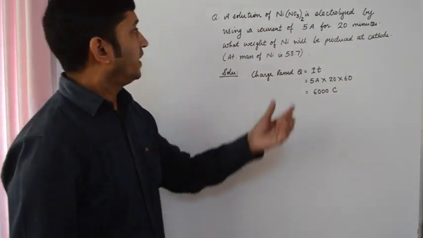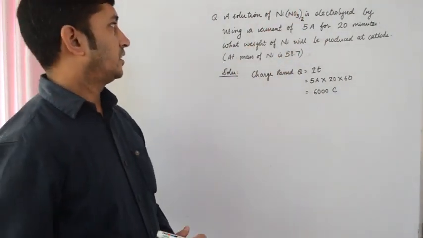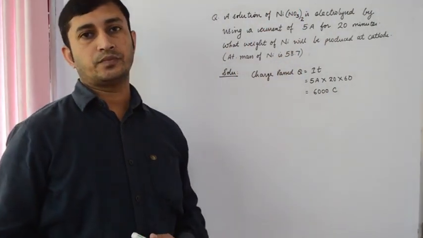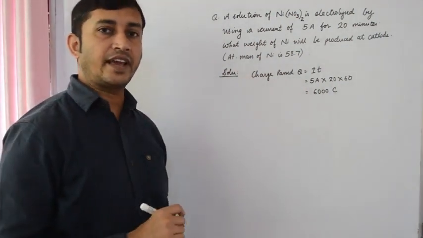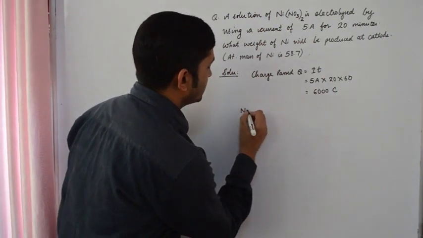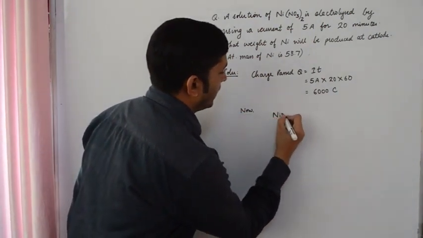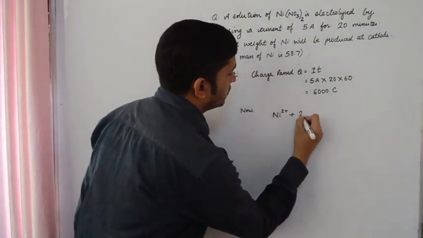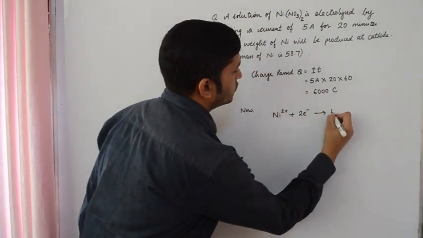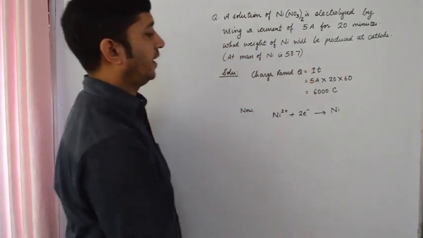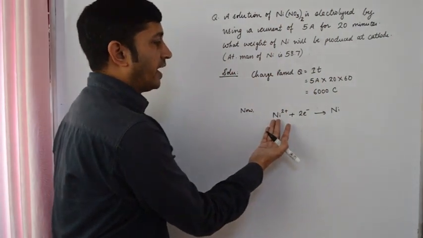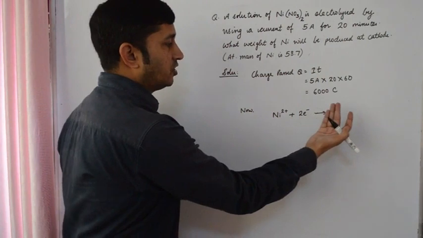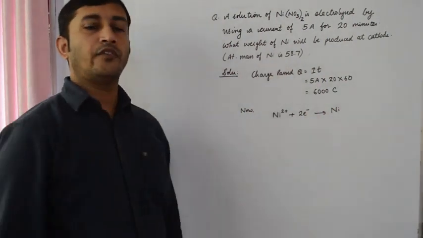Now we see here in this compound nickel nitrate, the charge on nickel is +2. It means the half reaction for the reduction of nickel ion to nickel can be written as Ni2+ gains 2 electrons to get reduced to nickel. Now we will consider that 1 mole of nickel ion is gaining 2 moles of electrons to get reduced to 1 mole of nickel.